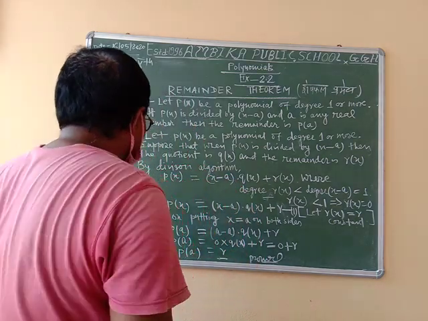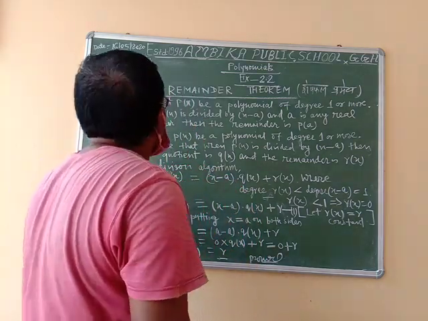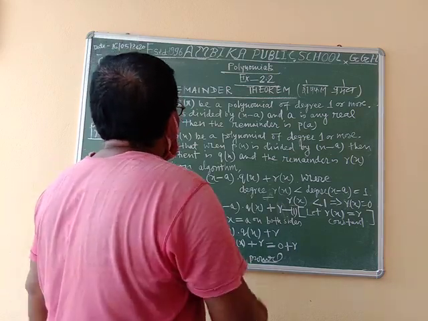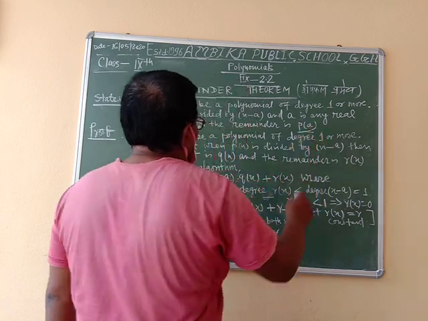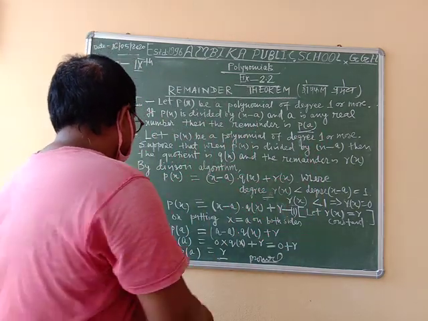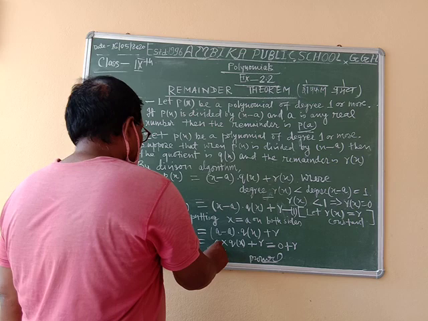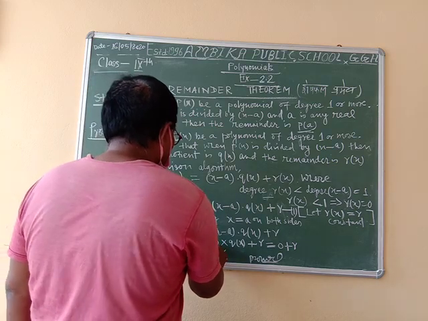Hence, if p(x) is divided by x minus a, then the remainder will be p(a). It was to be proved that here p(a) is equal to r.